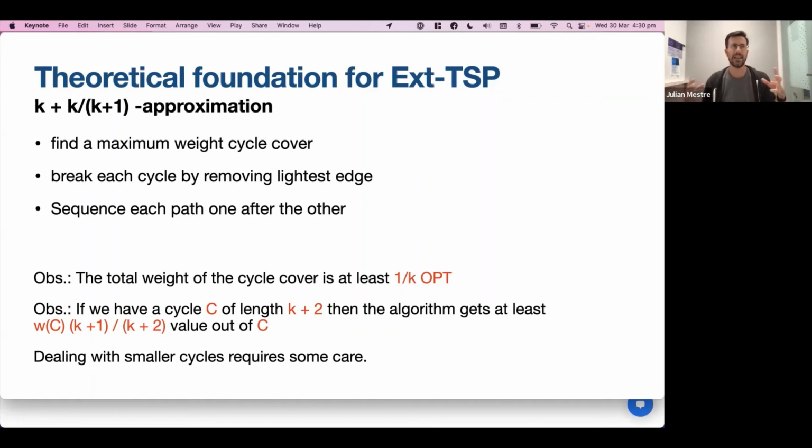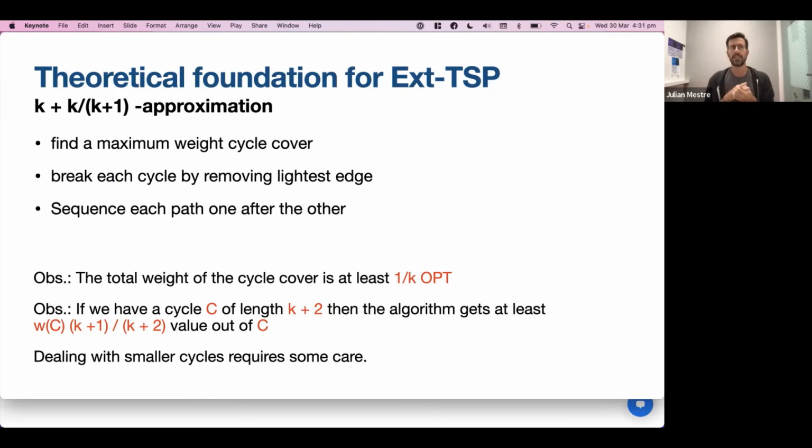And then you have to see what happens when you have smaller cycles, right? Because when you have, say, a triangle, if you remove an edge, you are losing 1/3 of the cost, not this small amount, which is basically 1 on K plus 1 plus 2.